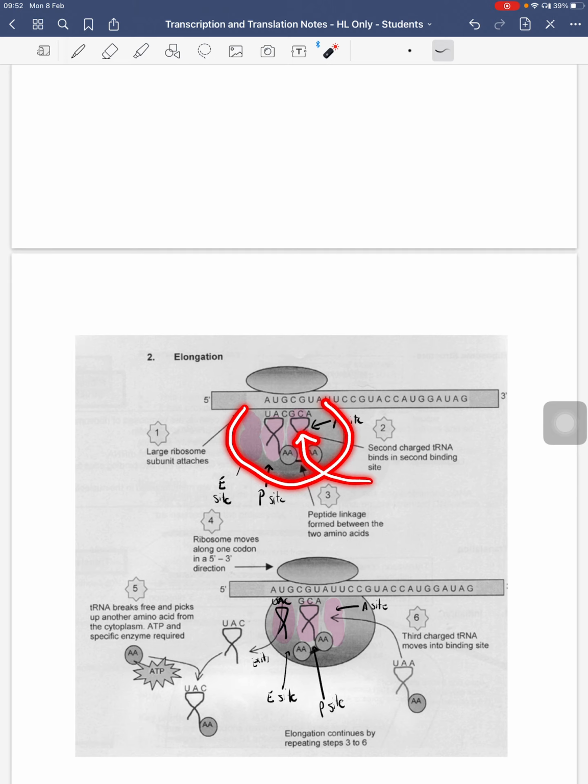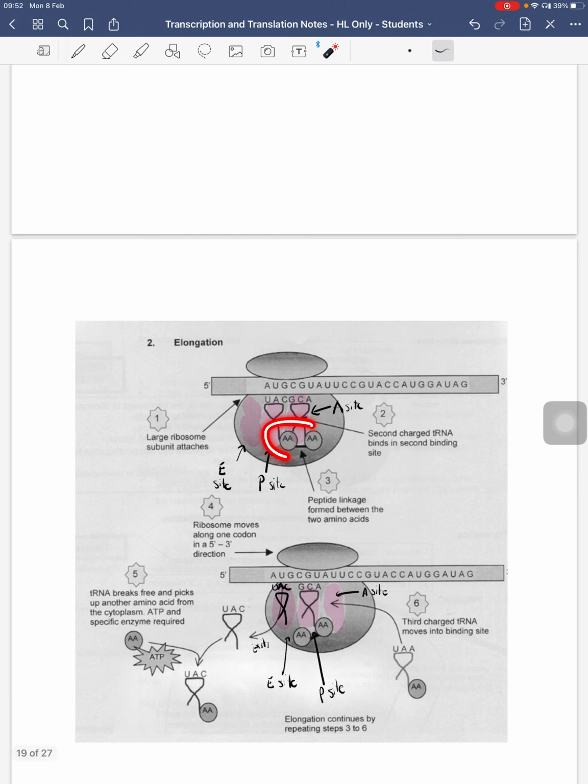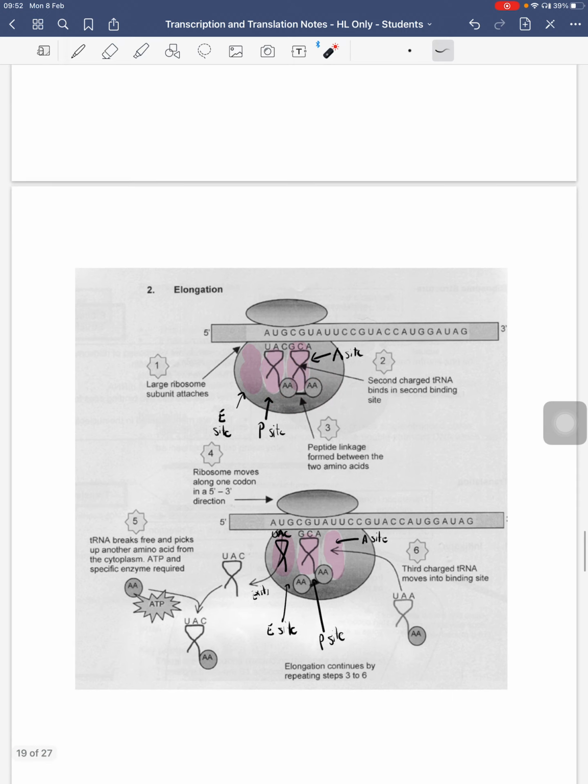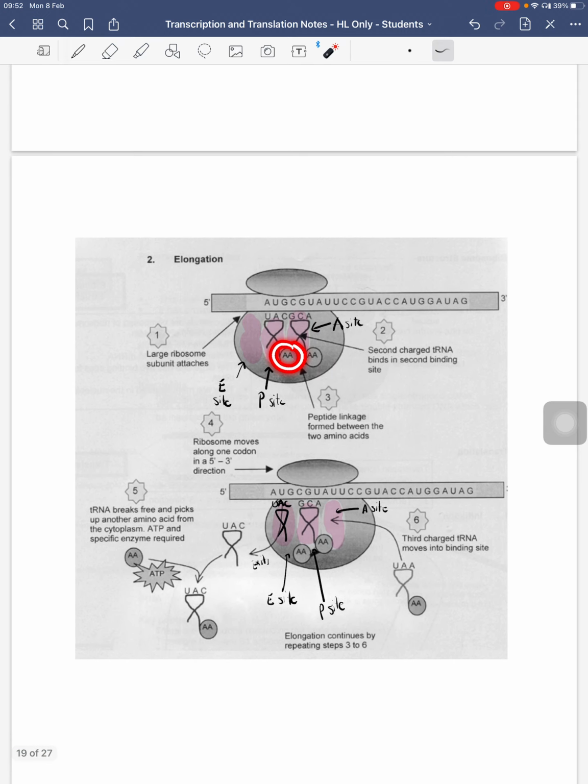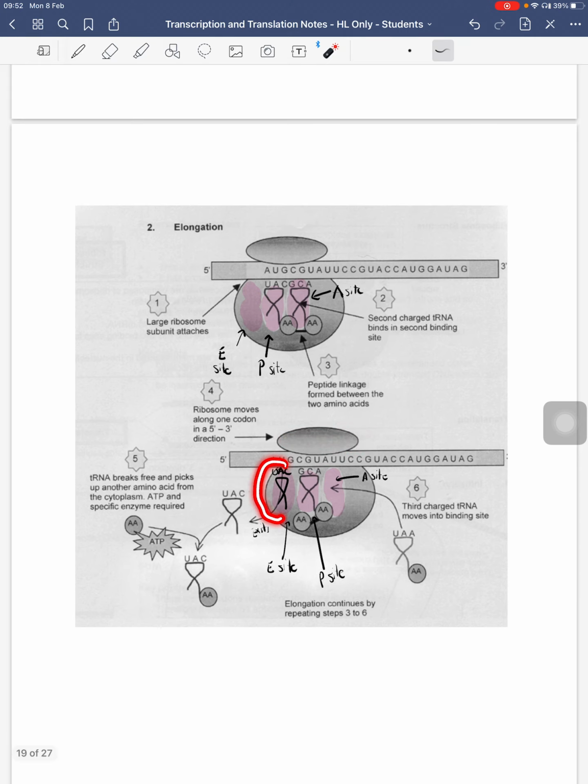The second tRNA molecule comes in. Then a peptide bond is formed, and this amino acid detaches from the first tRNA molecule. Everything moves one codon. That uncharged tRNA molecule, the first one, is then in the E site. It leaves. A new tRNA molecule comes into the P site.